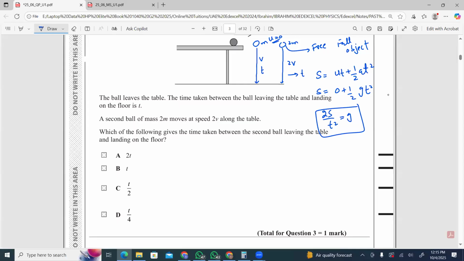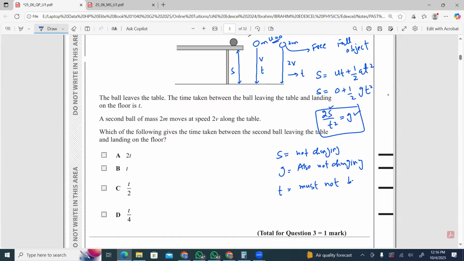So if you see that the gravitational acceleration is not depending on the mass or the speed, it's just constant. It just depends on the height, which is the same, and the time. Since the height s is not changing, and the gravity is also not changing, t must also not be changing.